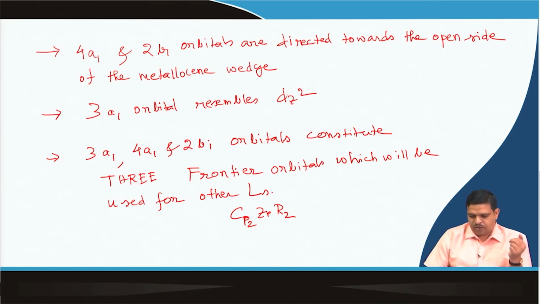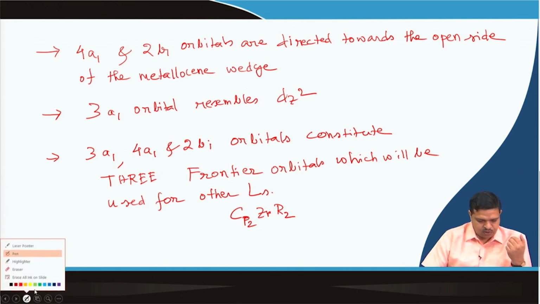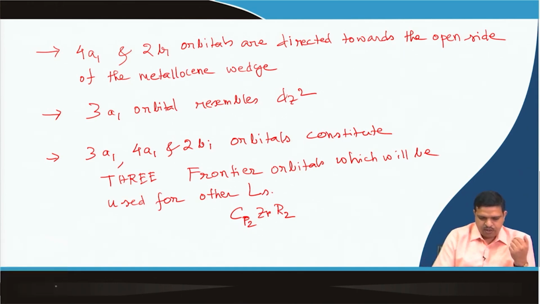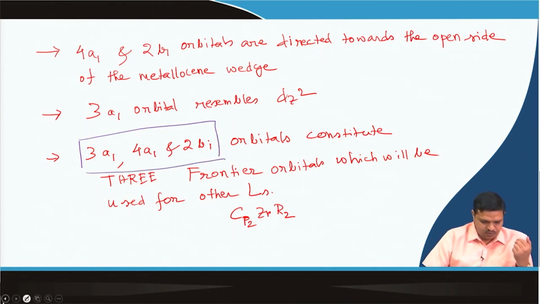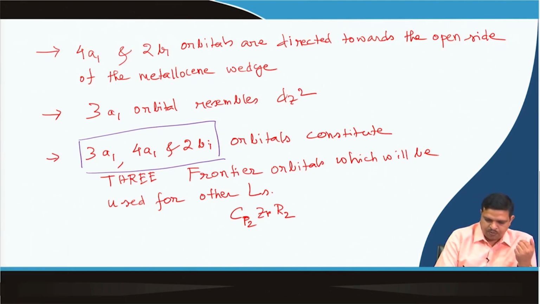So, these three sets of orbitals are very important. They will dictate the bonding and reactivities of the bent metallocene.